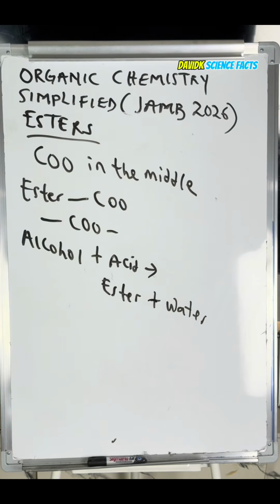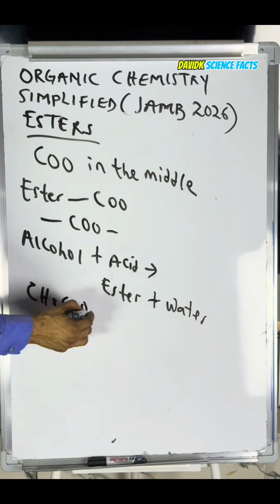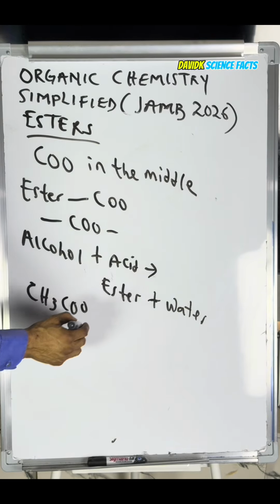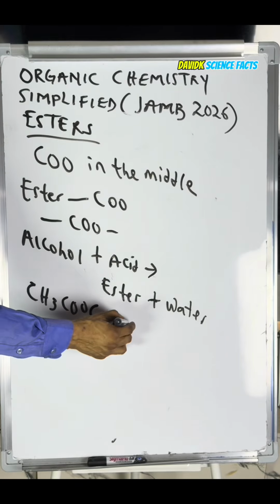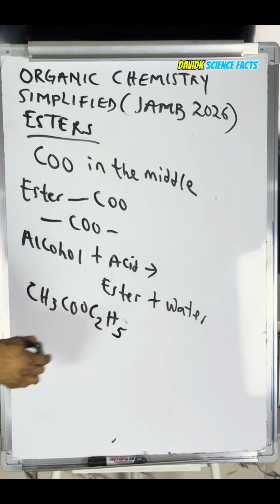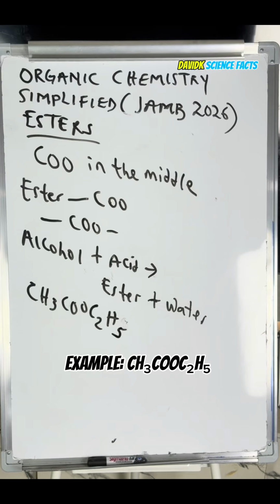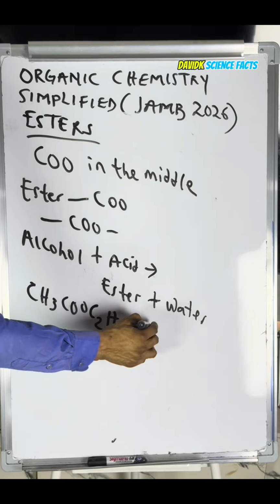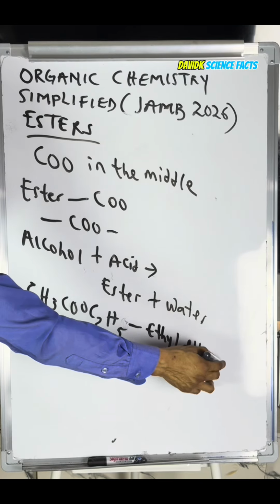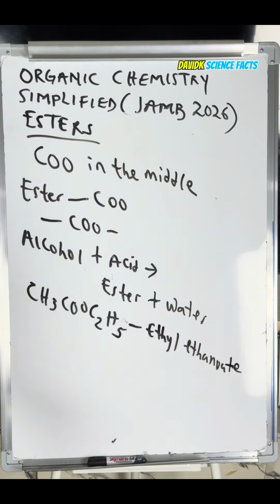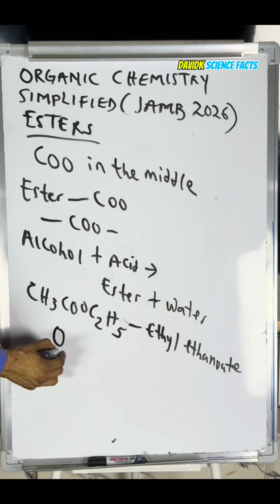Example, we have CH3COOC2H5. Now for this, it is called ethanoic.